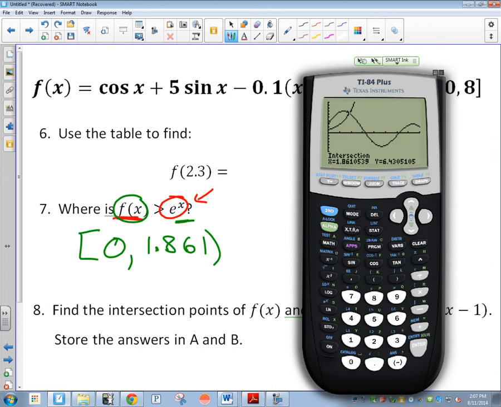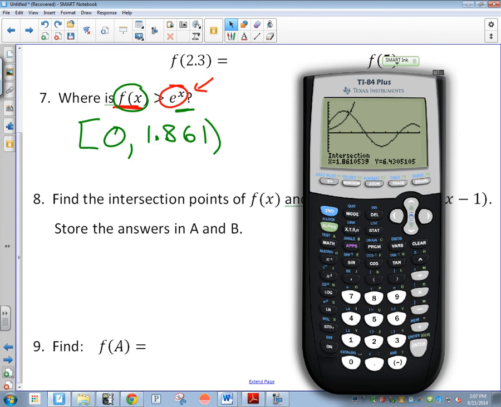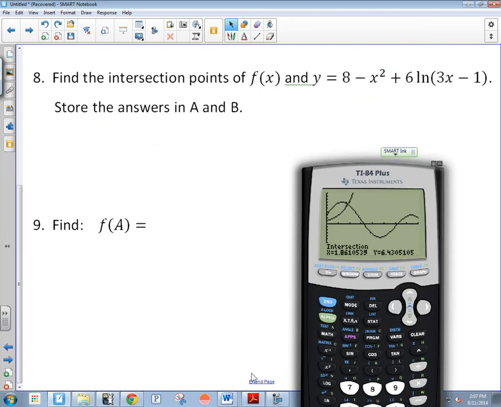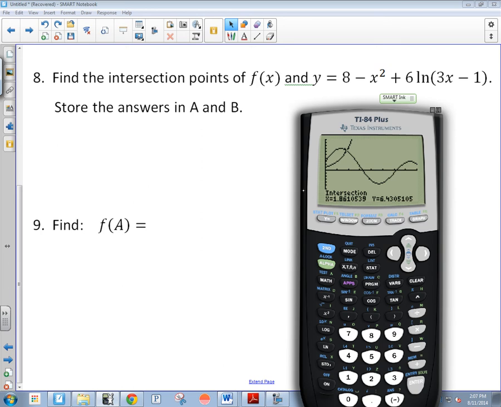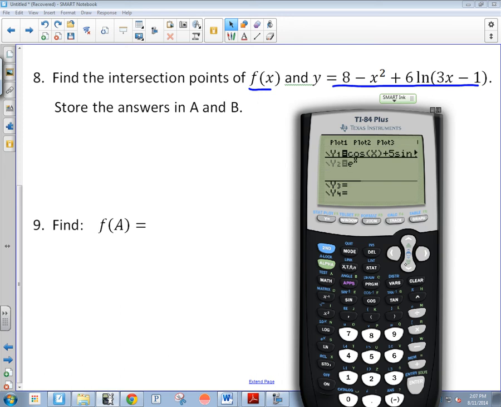So number 8, we're doing the same type of thing, but a little bit different. It says, find the intersection point of that graph and this one this time. So my same f of x from up above, the cosine sine one, but now in that equation. I'm going to go to y equals, and I can now change that second equation.